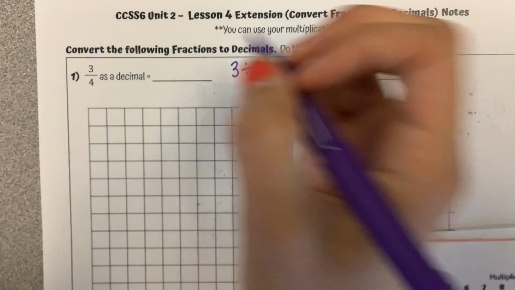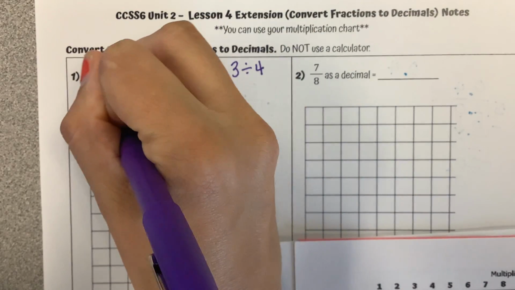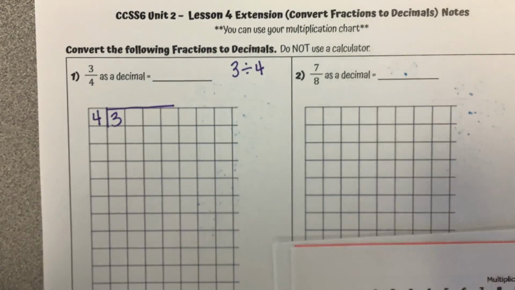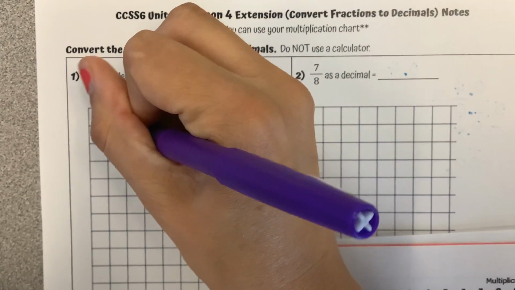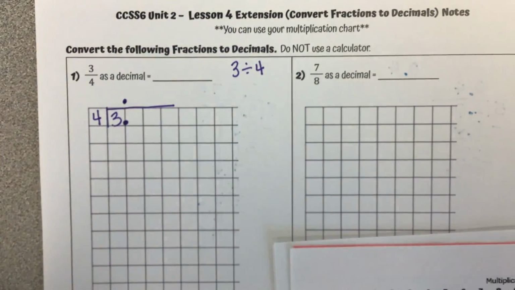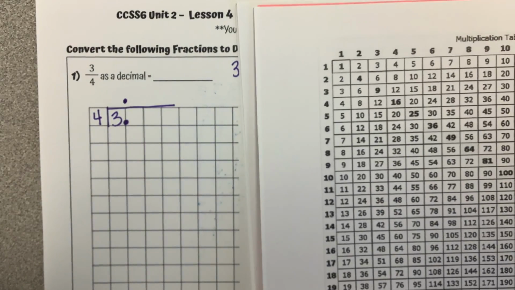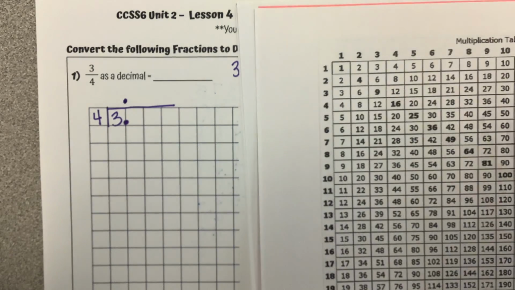So I'm putting 4 on the outside of my long division and 3 on the inside. I'm going to add a decimal next to the 3 and a decimal right above in the answer so that we are prepared to add zeros if needed. Then I'm going to use my multiplication chart to write out my multiples of 4.